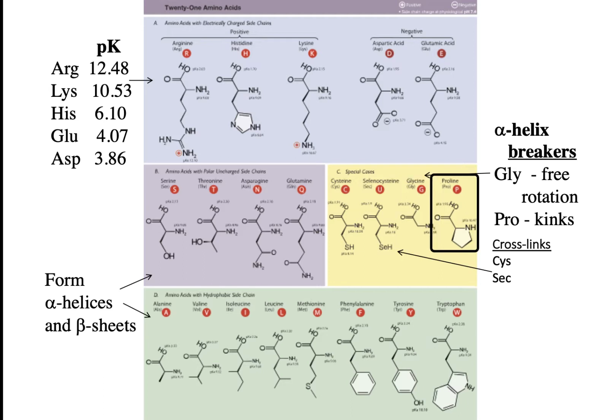And then proline, it's an imino acid rather than an amino acid, and that forms rigid kinks in the protein structure, the protein chain.